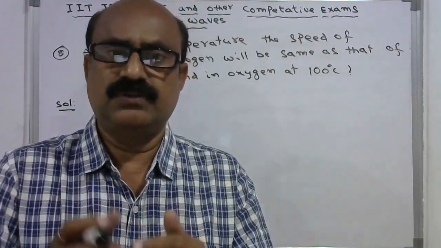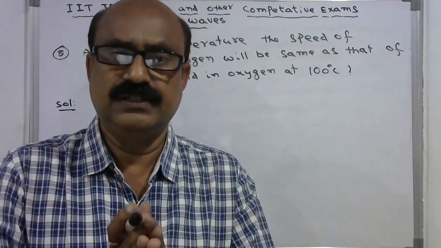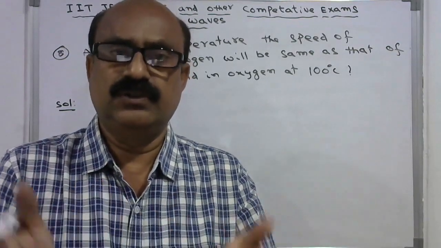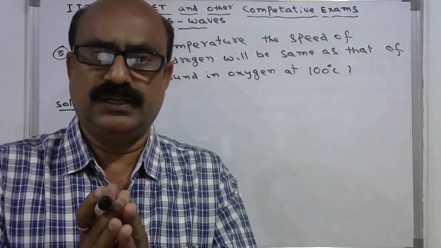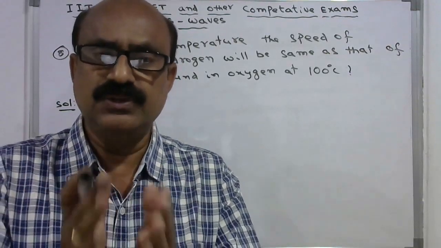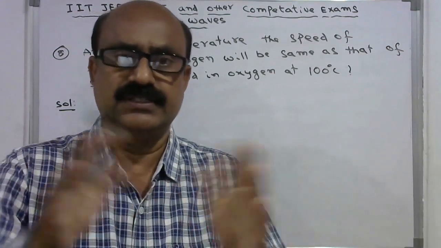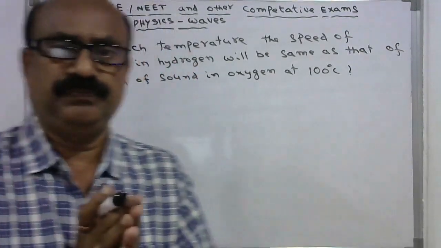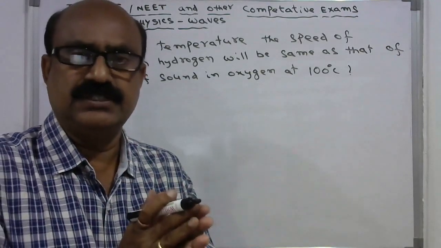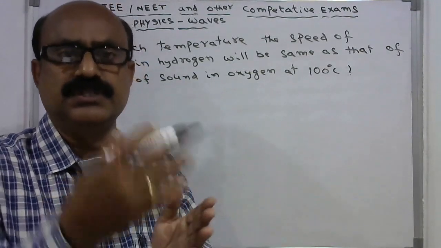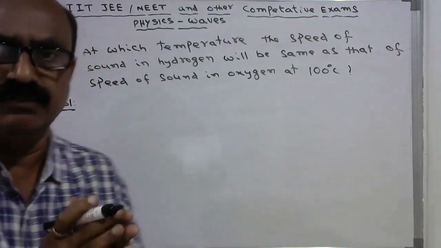But the temperature of oxygen is given as 100 degrees centigrade. So in order to make the two velocities equal, what should be the temperature of the hydrogen so that the velocities can be made equal, even though there is a change in density. Accordingly, the temperature should be changed in order to make the velocity equal.